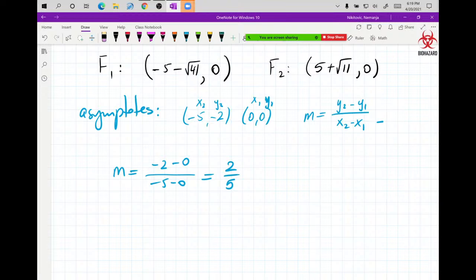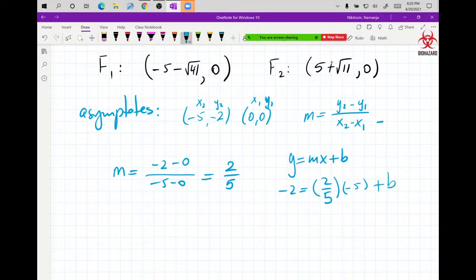So there is that part. And now when I have the slope and I have the point over here, I can come up with y equals mx plus b. y is negative 2, m is 2/5, and what's x? x is negative 5, good.